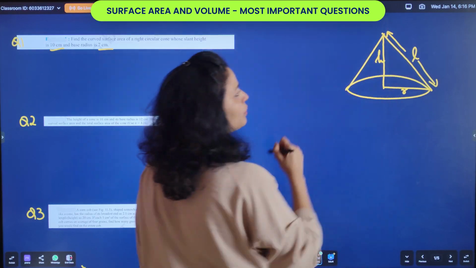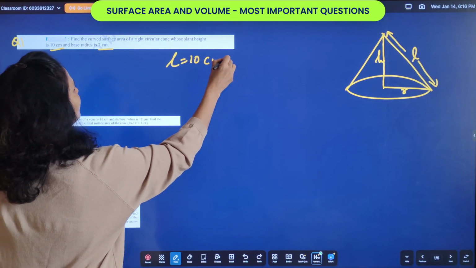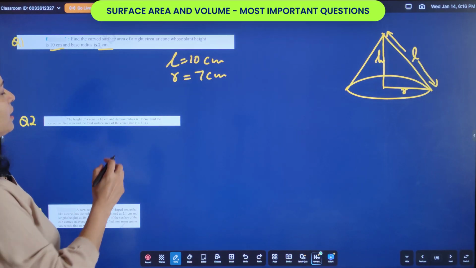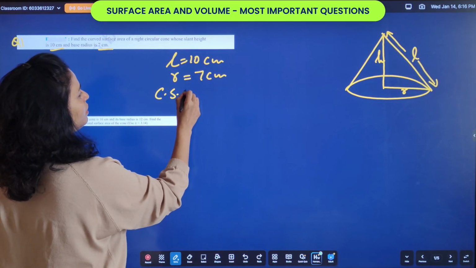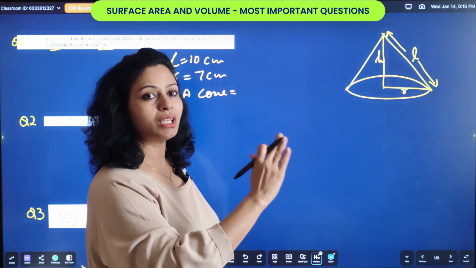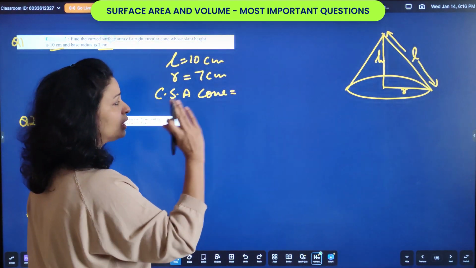Here they've given you slant height 10 centimeter, radius of the base is 7 centimeter, and they are asking you to find the CSA of the cone, that is curved surface area. It means the surface area of the curved part, not the base part, only the curved part.